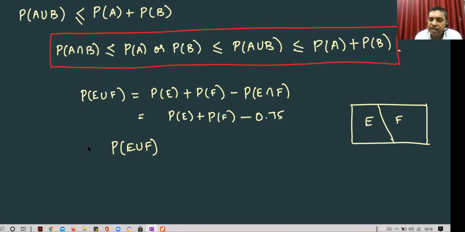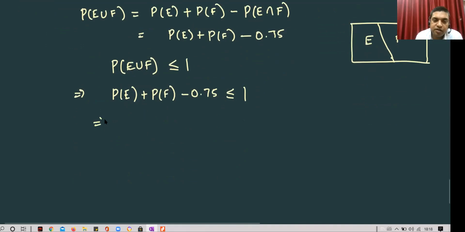In that case, this will be less than or equal to 1, which is P of E plus P of F minus 0.75 is less than or equal to 1, which is P of E plus P of F is less than or equal to 1.75.